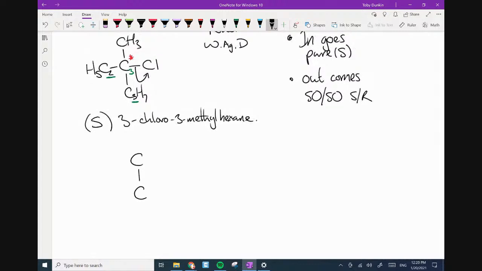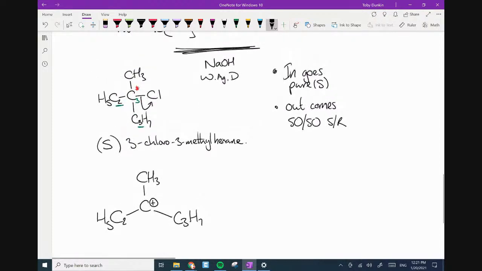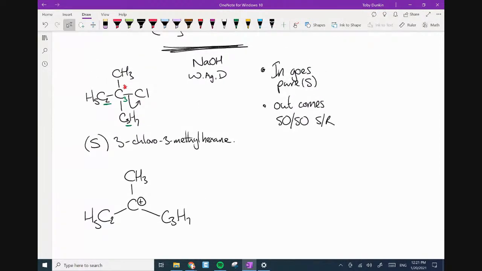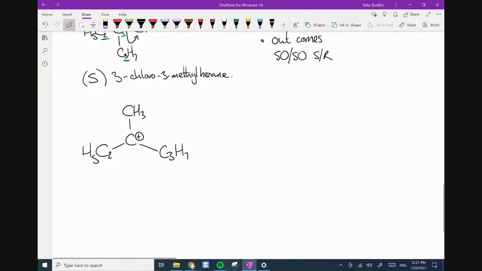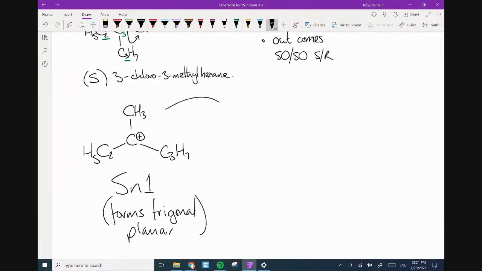I think you can see what's going to happen, can't you? It becomes trigonal planar. So it started tetrahedral, and then because it's Sn1, it forms trigonal planar. And what that means is the nucleophile can attack from above or below 50% of the time.